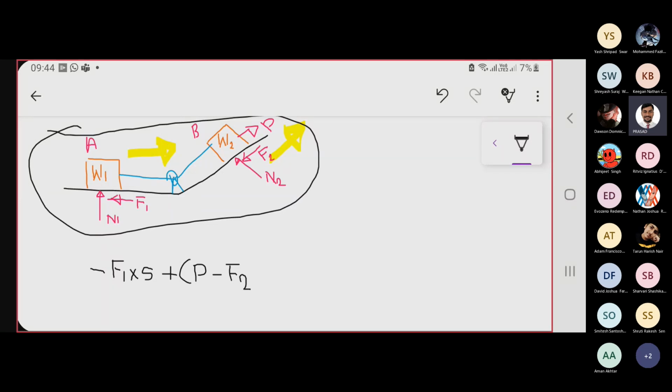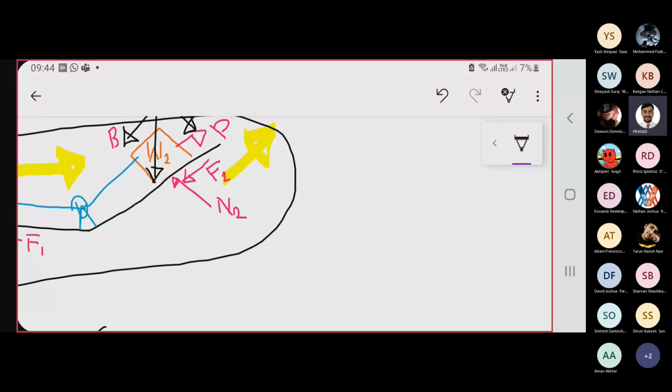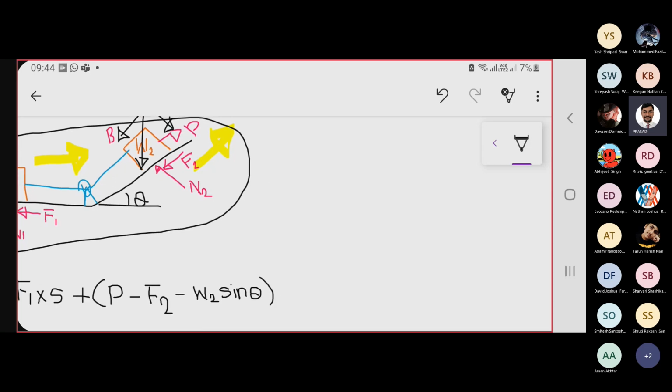Then its weight W2 will have two components. So minus W2 sin theta, let's say this angle is theta, into S again. See, the displacement is the same for both.